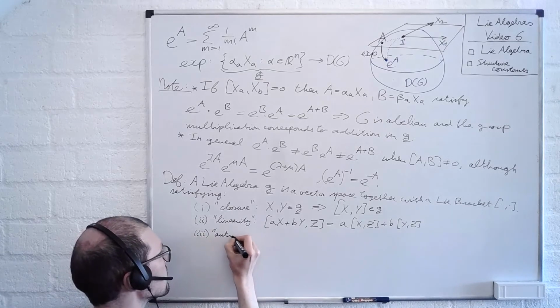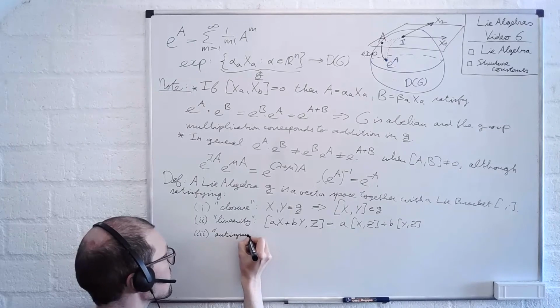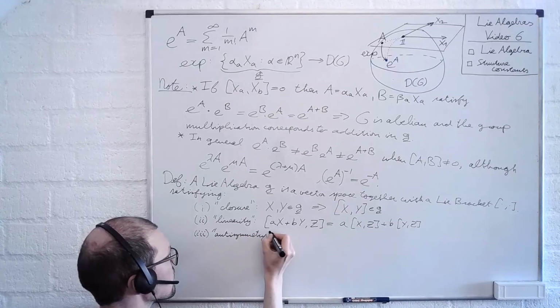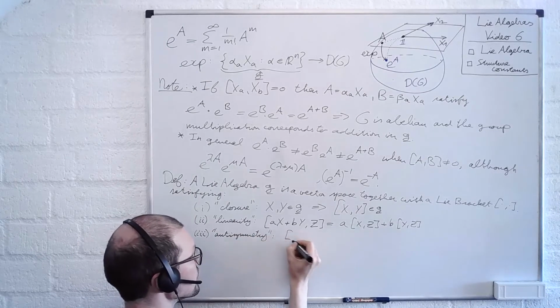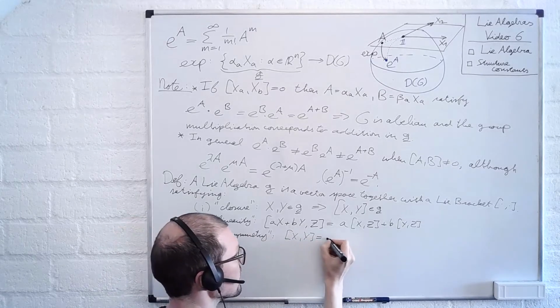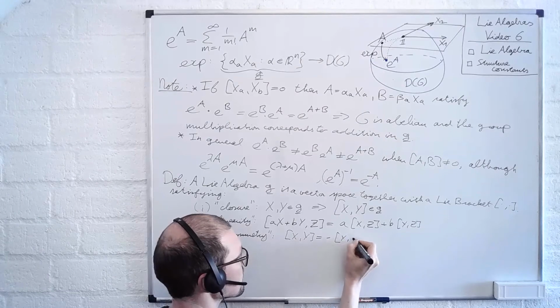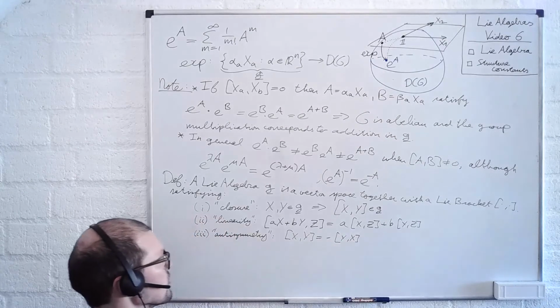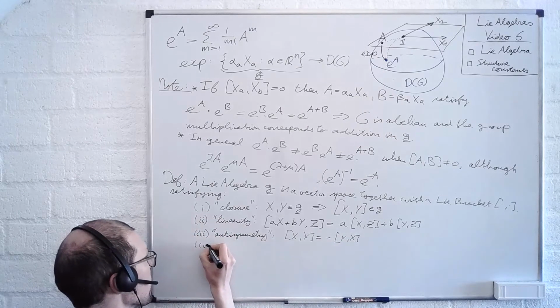Antisymmetry, which is just saying that the Lie bracket of x with y is minus the reverse order.